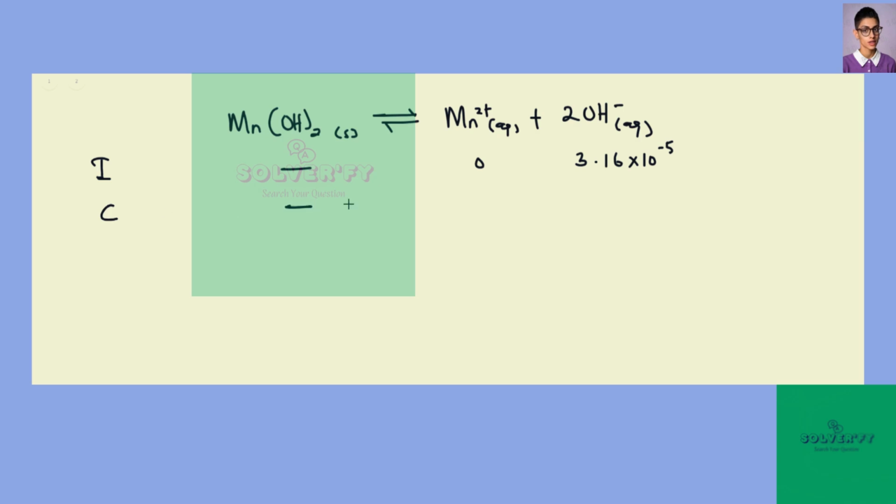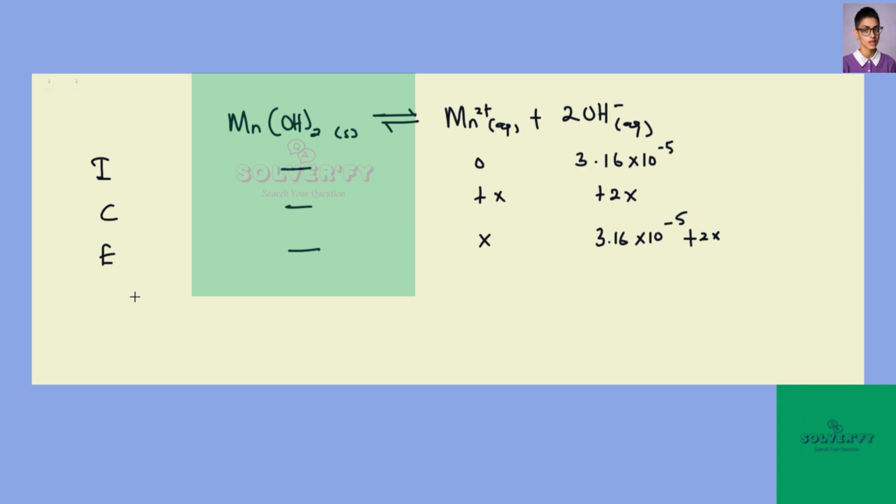Then the change is going to be negative. This is going to be nothing, and this will be plus x, and this will be plus 2x because the mole ratio is 1 to 2. Then at equilibrium, we're going to have a dash, and this will be 0 plus x, and that's going to be x, and this will be 3.16 times 10 to the power minus 5 plus 2x, right?